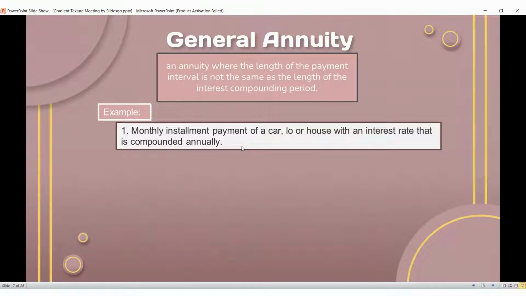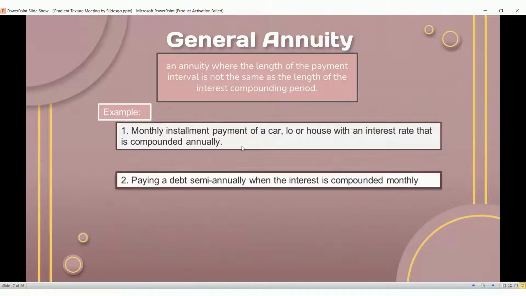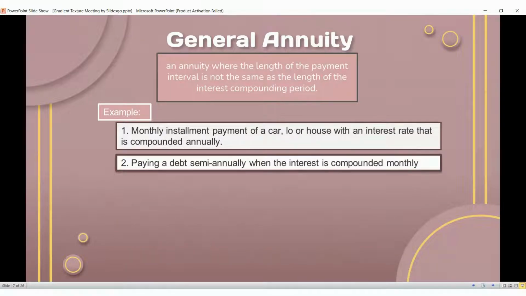So hindi sila pareho. Next is paying a debt semi-annually when the interest is compounded monthly. So nagbayad siya ng utang kada semi-annually, tapos pag nagka-compound naman siya ng interest ay monthly. So yan ang example ng general annuity.